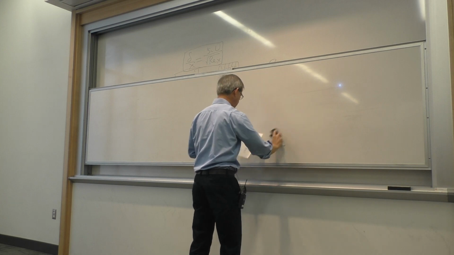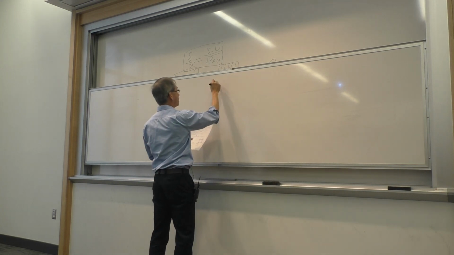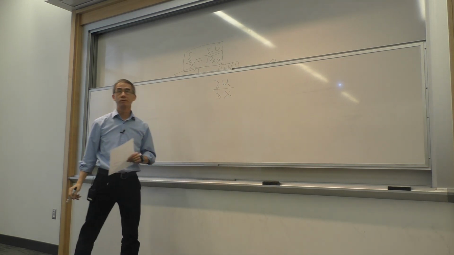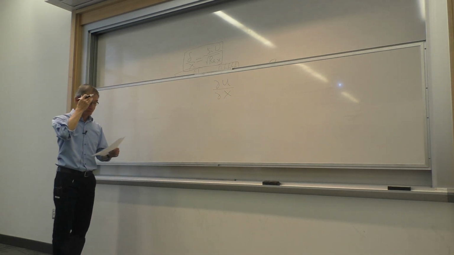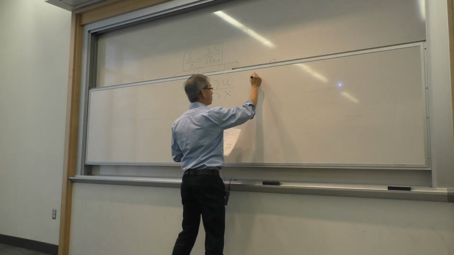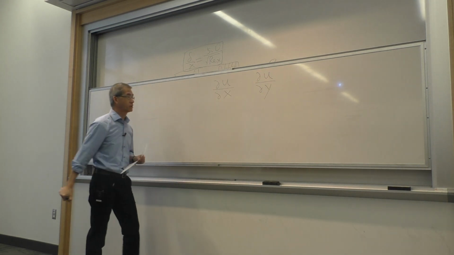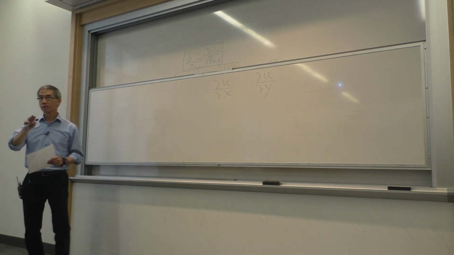First term is change of velocity u. U is the velocity in the x direction. Compare that change with respect to x, the streamwise direction.